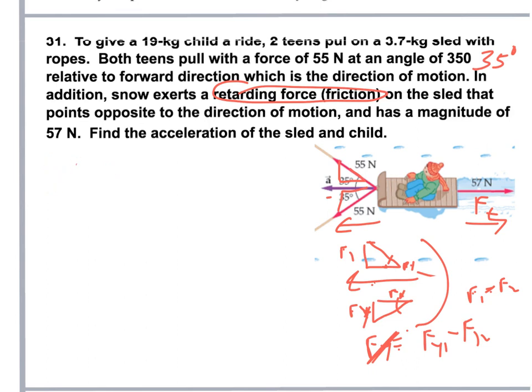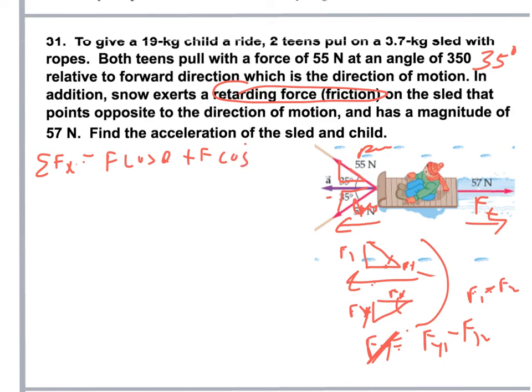We start with F sub x equals our F cosine theta plus our F cosine theta for the other triangle. So cosine theta right here and cosine theta right here as well.